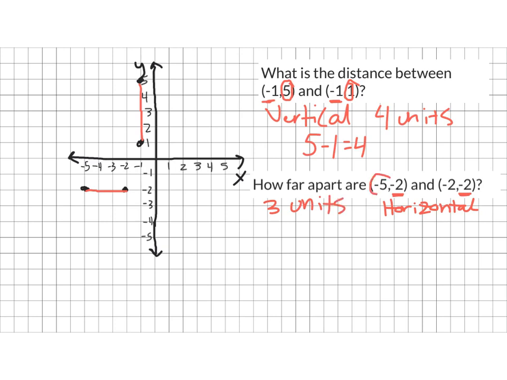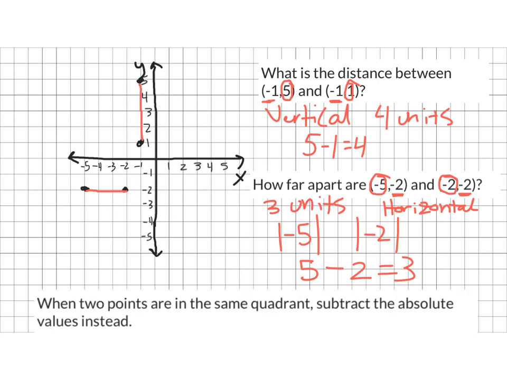Well, we don't know how to subtract negative numbers, but we can see that the absolute values would be 5 and 2, and the difference between 5 and 2 is 3. So this means that when 2 points are in the same quadrant, you need to subtract the absolute value of that other point instead. Make sure we've written this down as well.